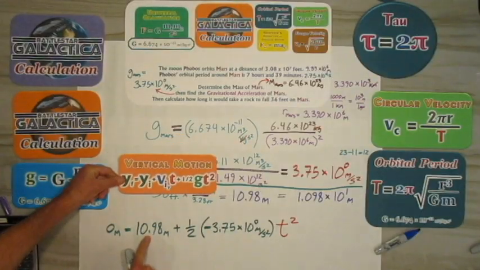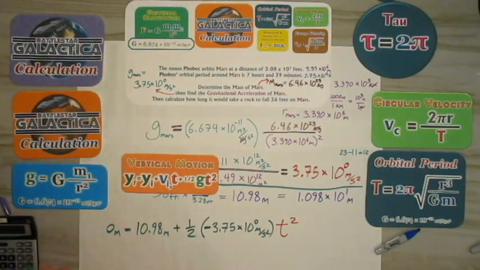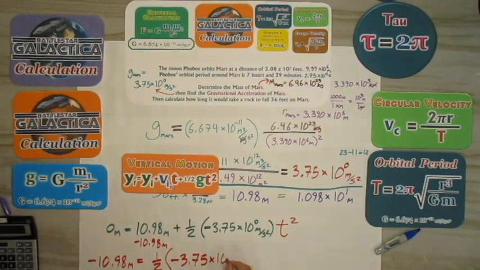Now, we got to get this on the other side, subtract 10.98 meters from both sides, and what we get is negative 10.98 meters equals 1/2, and then we've got Mars's g, 3.75 times 10 to the 0 meters per second squared. We could have just put 3.75 meters per second squared times t squared, okay?